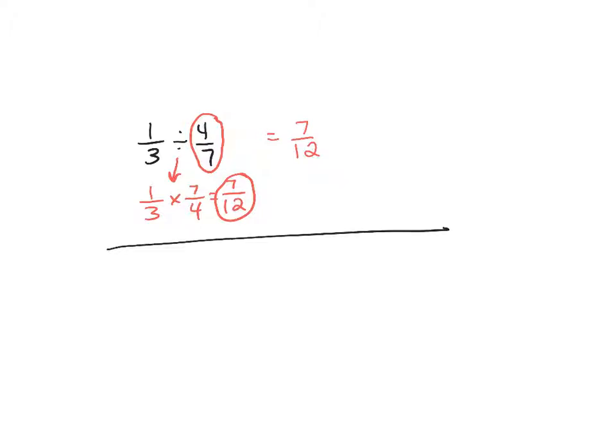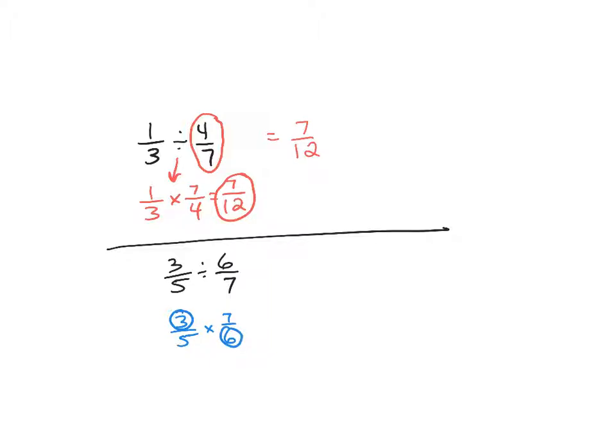Let's do another one. 3/5 divided by 6/7. I'm going to change that to a multiplication problem. So the first number stays the same, 3/5. I change the second number to 7/6, and I multiply. Now once again, I can just go straight across and multiply, but I notice that I have a 3 and a 6, which have a common factor of 3.